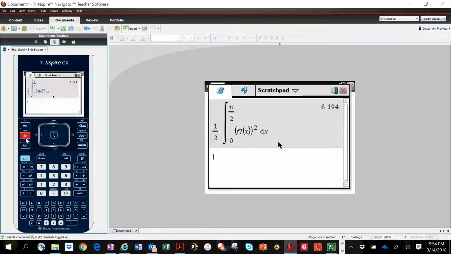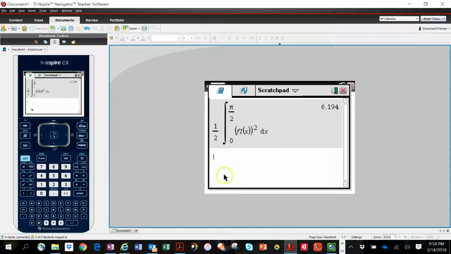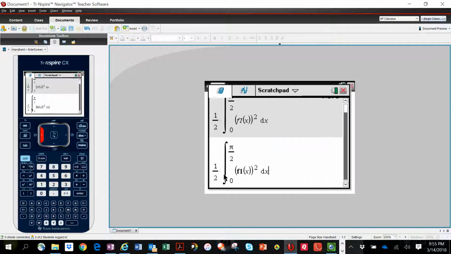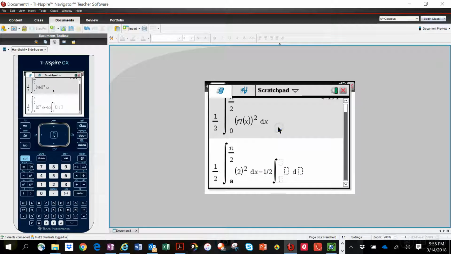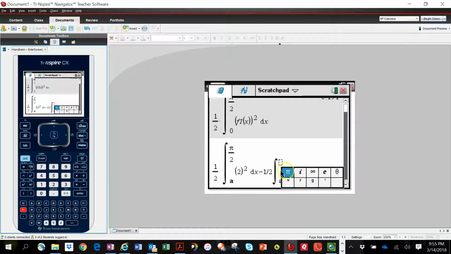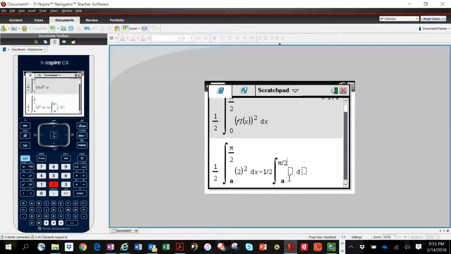Back to the graphing calculator, back on the calculate screen. I've already got this expression in there once, so let me pull that down. We need 1/2 the integral of 2 squared, but we've got to be careful. We're integrating from A to pi over 2, and then minus 1/2, menu, numeric calculus, numerical integral from A to pi over 2 again.